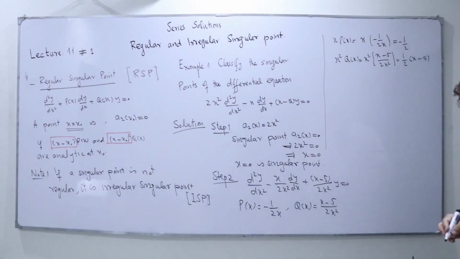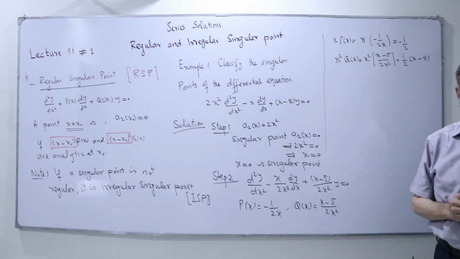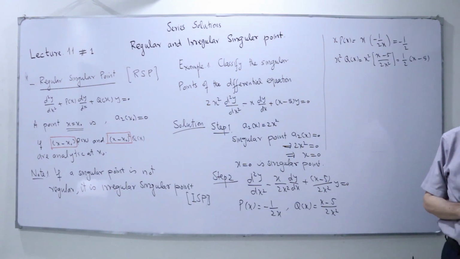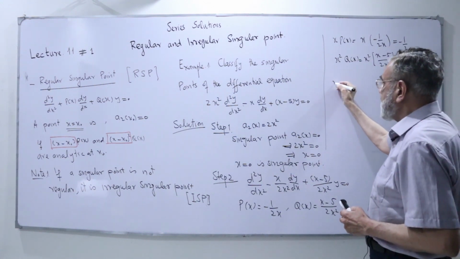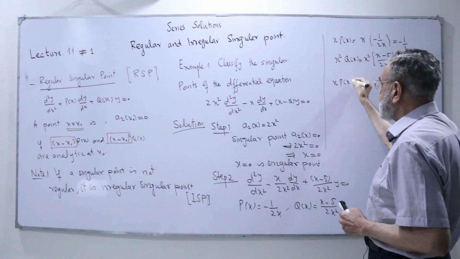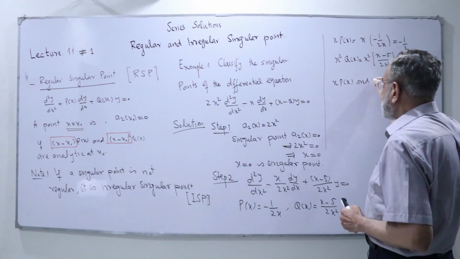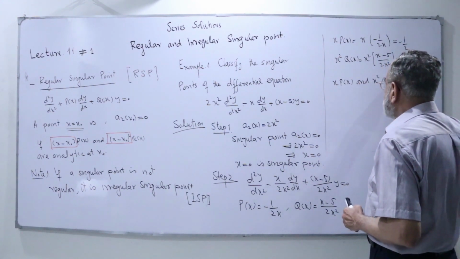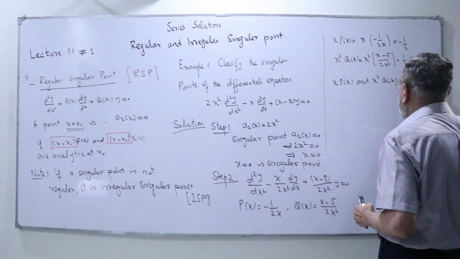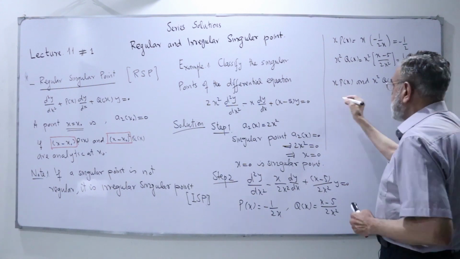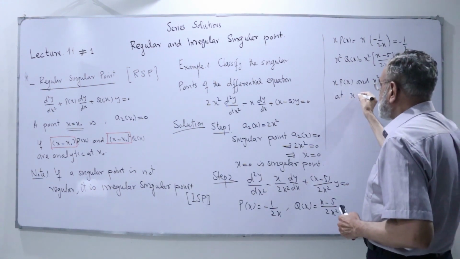Now this x into p of x, this analytic function is defined at x equal to 0, and x squared q of x is also an analytic function defined at x equal to 0. So we say x p of x and x squared q of x are analytic, you can say defined at x equal to 0.